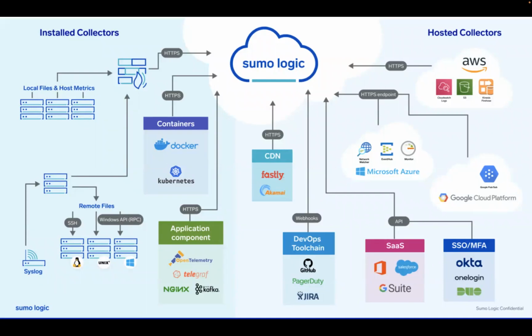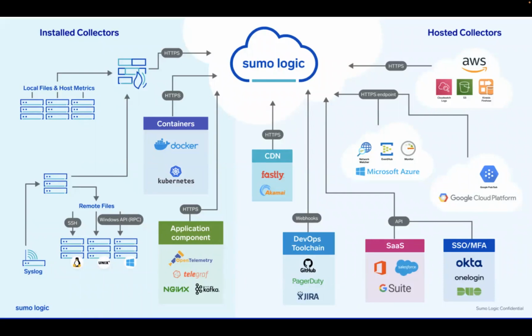We have many out-of-the-box integrations, around 50 plus, with SaaS providers like Office 365 or G Suite, or Google Workspace, whatever you call it, Salesforce data, your data from Akamai or WAF, or any of the newest solutions like Silence or Okta, OneLogin, Duo.